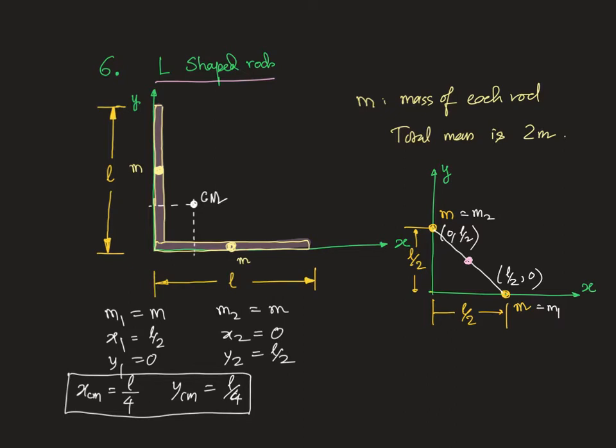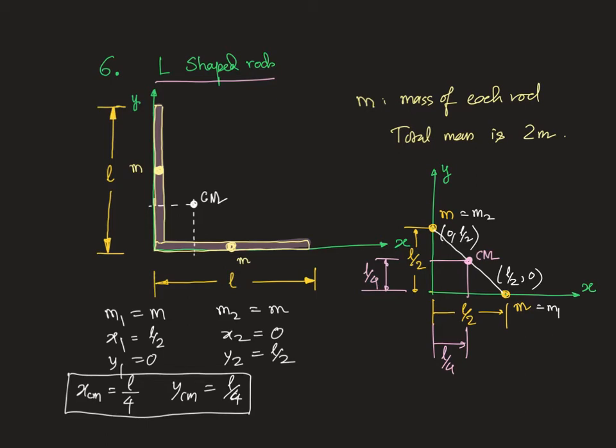So there it is, center of mass. And obviously this distance is going to be L by 4, and also the y coordinate is going to be L by 4.